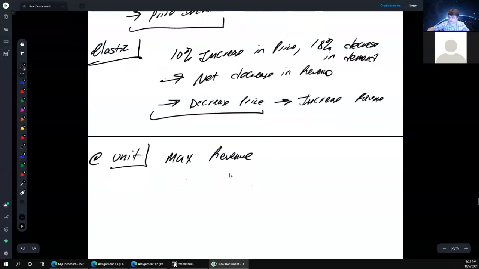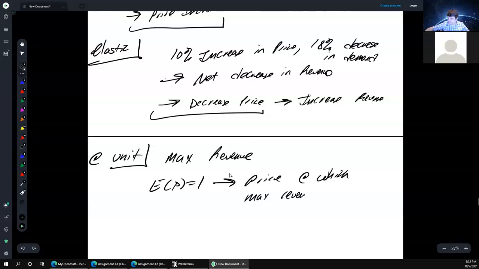So that price, remember that when E of P equals 1, that is the price at which max revenue is achieved. Okay, question on this so far?